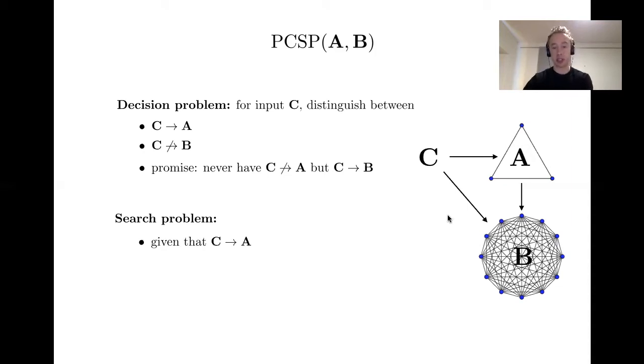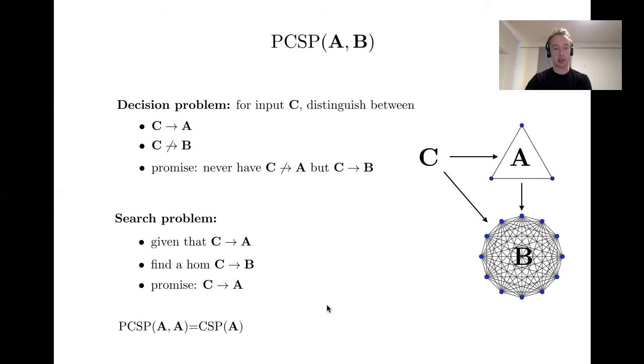If we're guaranteed that there exists a homomorphism from C to A, but we don't know what it is, does this make it any easier to find a homomorphism from C to B? In this case, the promise is that C maps homomorphically to A. To see that this is indeed a generalization of CSPs, note that PCSP of A, comma A is just CSP of A with no gap in between.